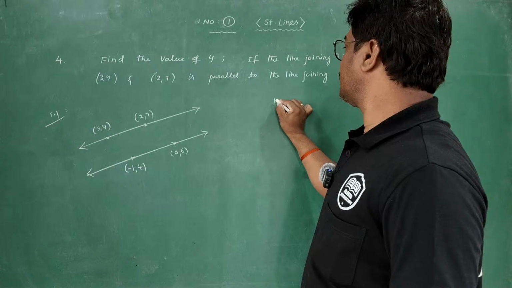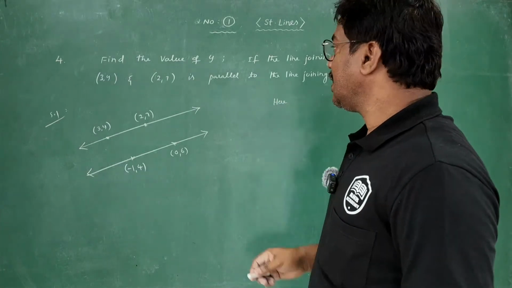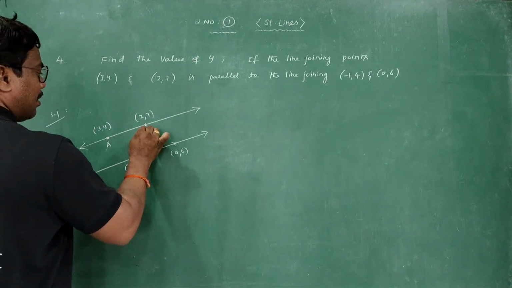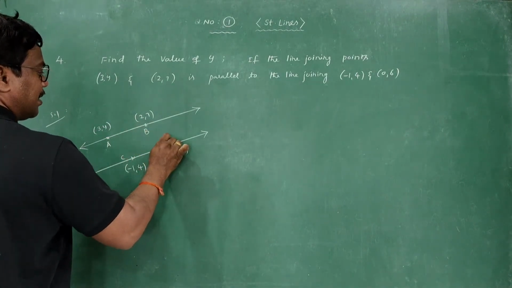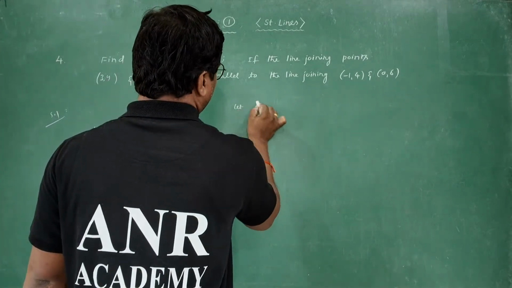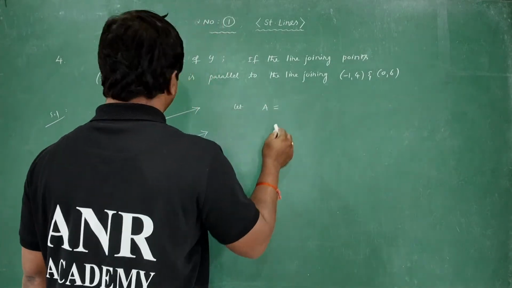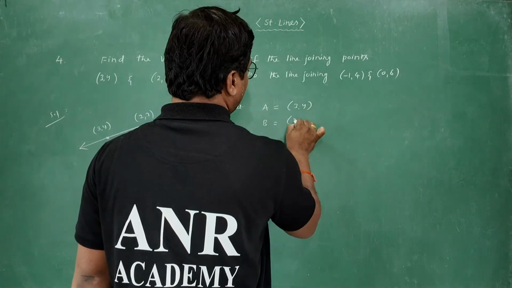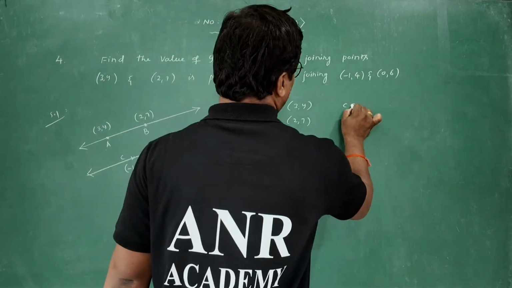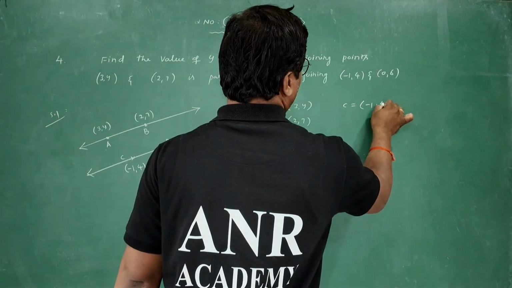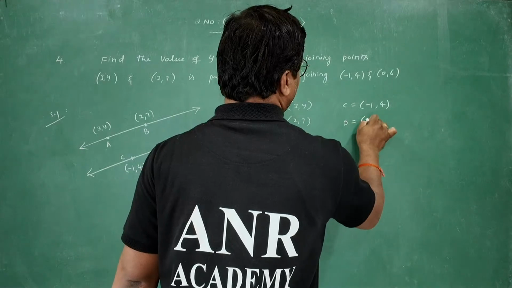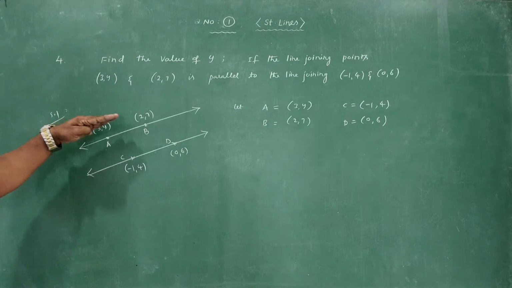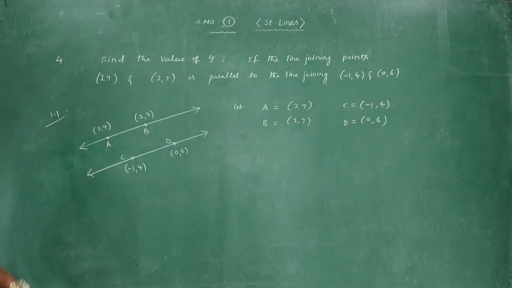Here assume that given points A, B and it is C and it is D. Let us write A whose coordinates 3 comma y and B 2 comma 7. Next coordinates of C minus 1 comma 4. Next coordinates of D 0 comma 6. Next, from figure it is very clear that when the lines are parallel their slopes are equal.